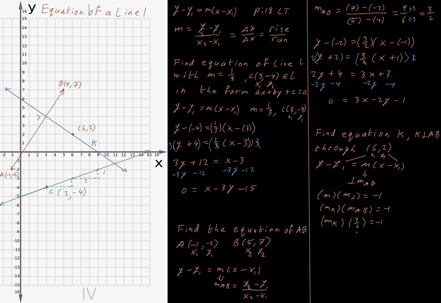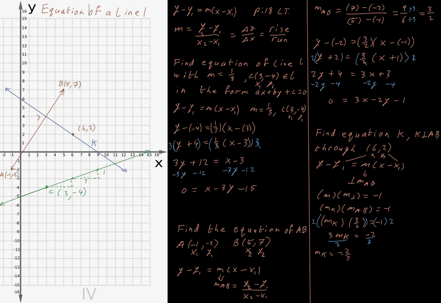And we multiply both sides by the common denominator to get rid of the fraction. And we get 3 times mk must equal minus 2. And divide both sides by 3 to get the slope by itself. And so we have the slope mk is equal to minus 2 all over 3.